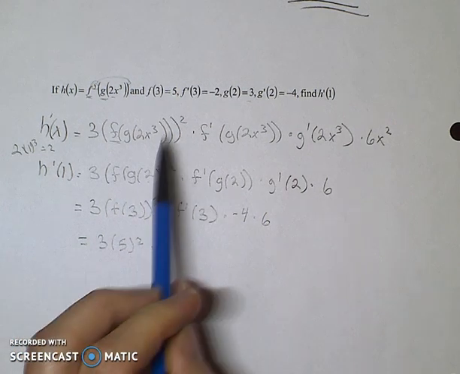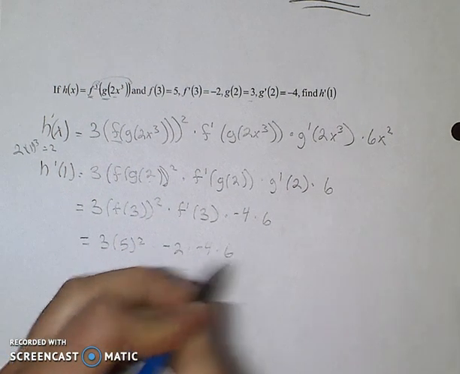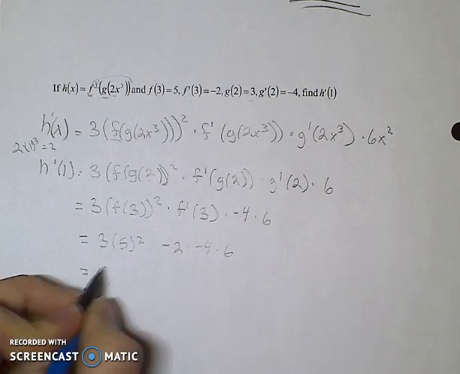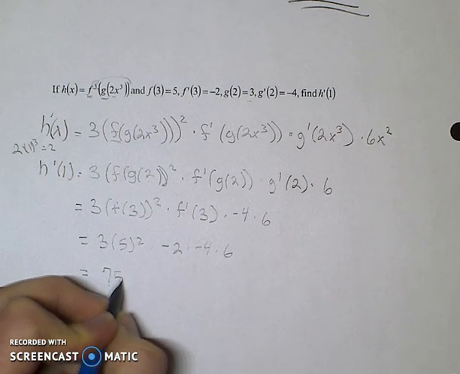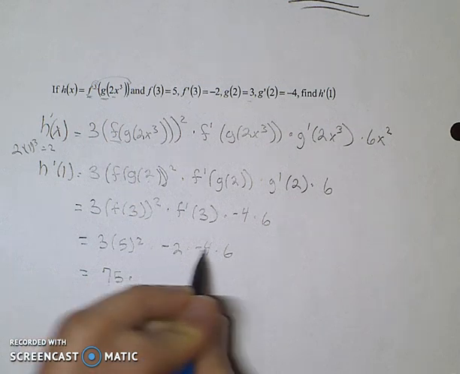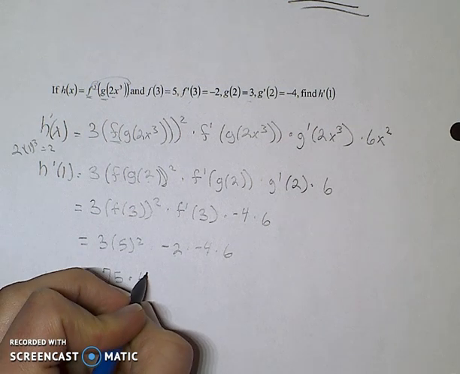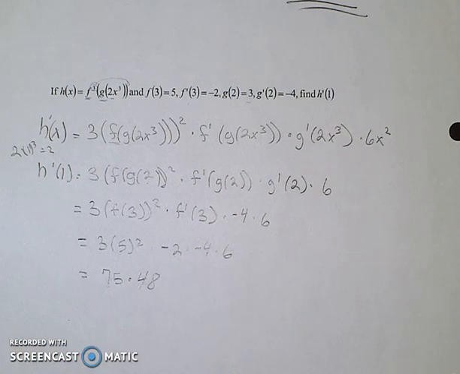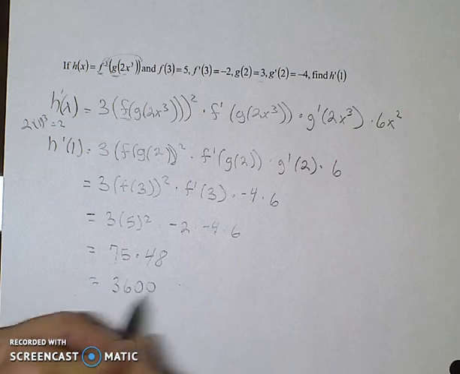F prime of 3 is negative 2, negative 4, and 6. And we're going to get 3 times 25, which is 75, times negative 24 times negative 2, which gives you 48. And so you get 3,600, I believe, is the answer.